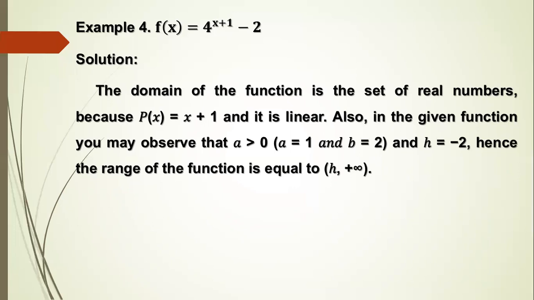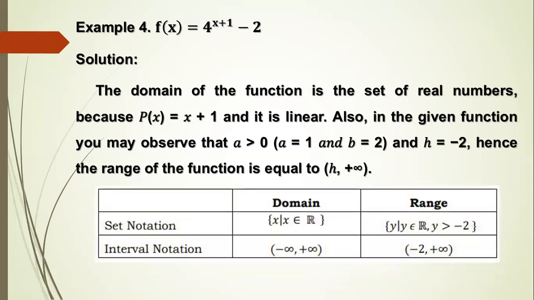So the domain of the function is the set of real numbers because p of x is equal to x plus 1 and it is linear. Also, in the given function, we may observe that a is greater than 0. So a is equal to 1 and b is equal to 2. And h is equal to negative 2. Hence, the range of the function is h to positive infinity.